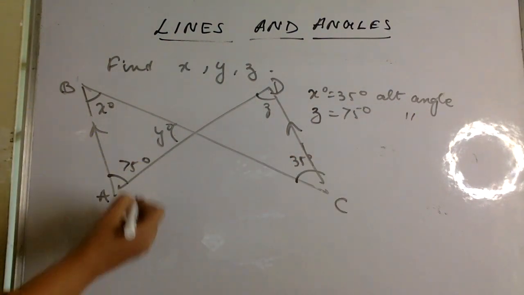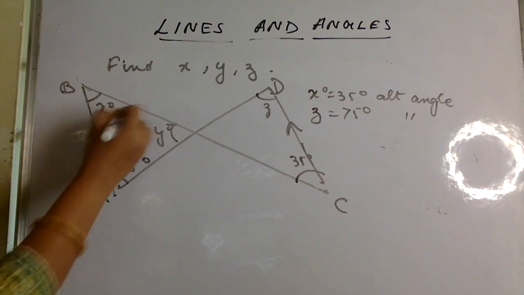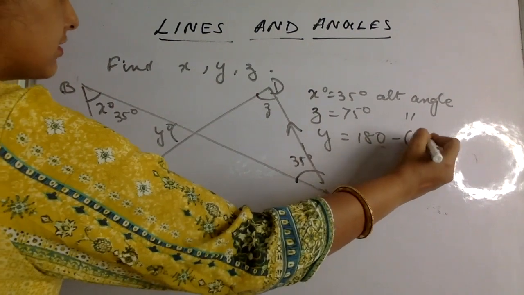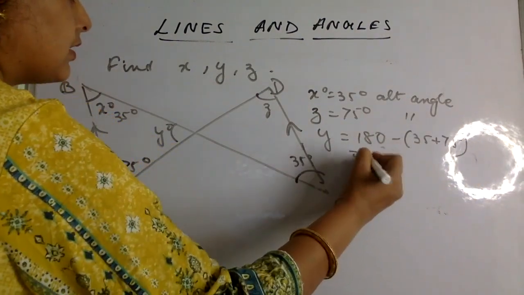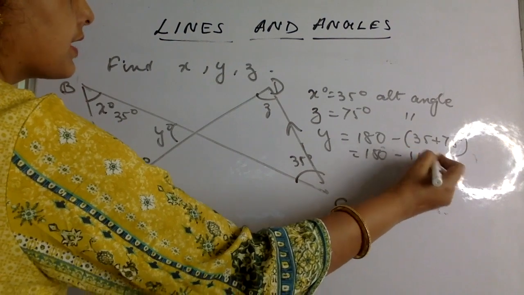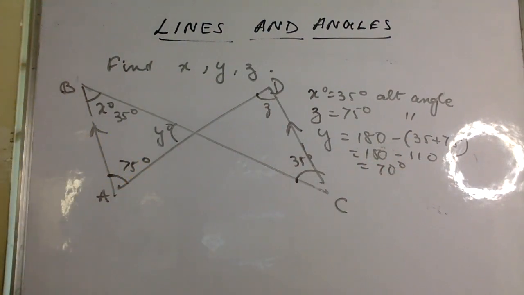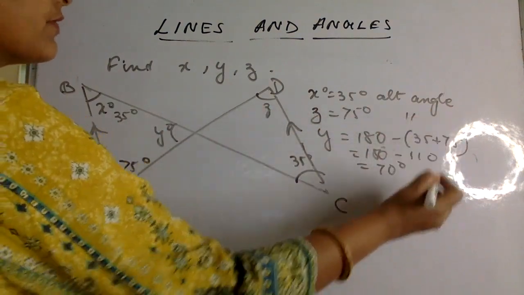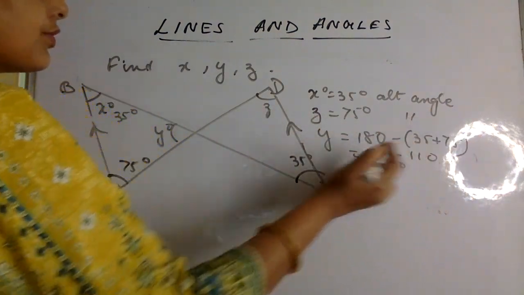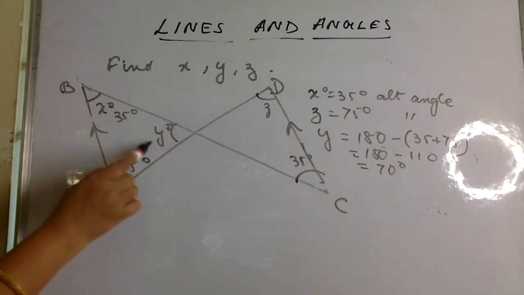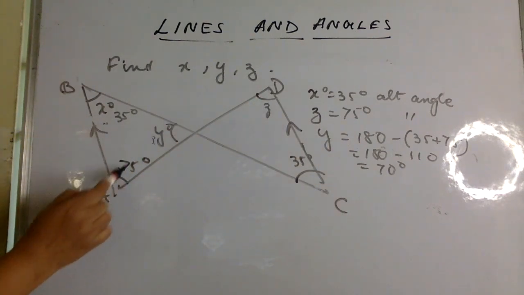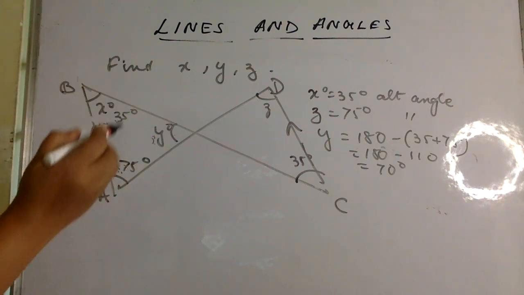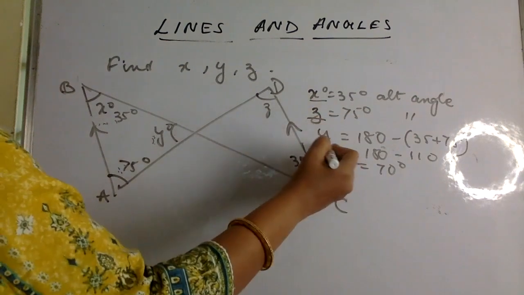Now if this is 35 and this is 75, y is equal to 180 minus (35 plus 75), 180 minus 110, which is 70 degrees. Why did I use 180 minus (35 plus 75)? This is due to the triangle sum property, that is, all three angles together make 180. Therefore, if I subtract these two, I can get the value of y. So I've got the value of x, z and also y.